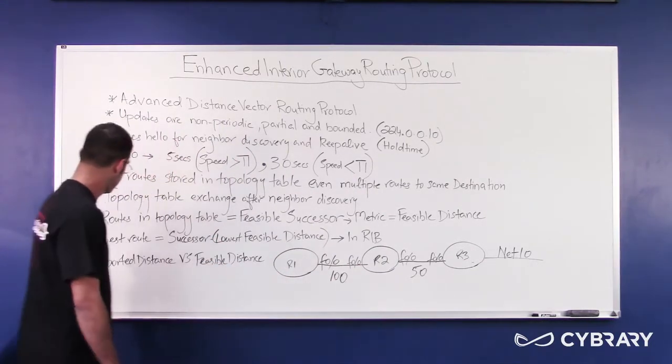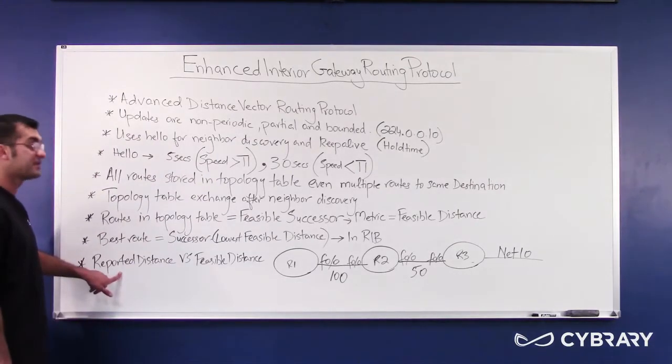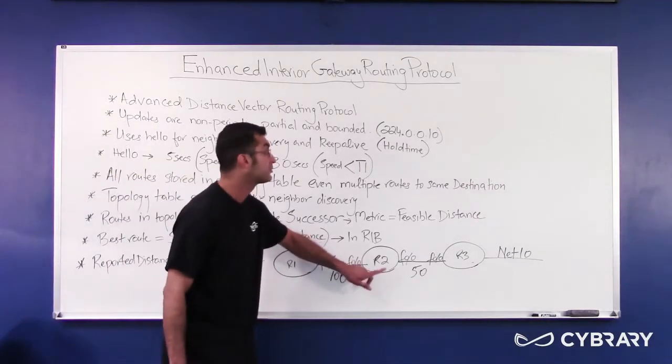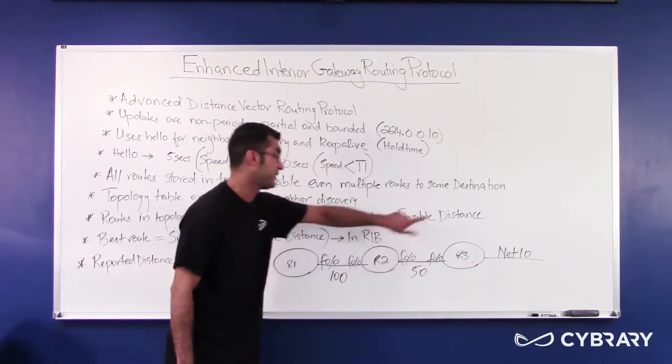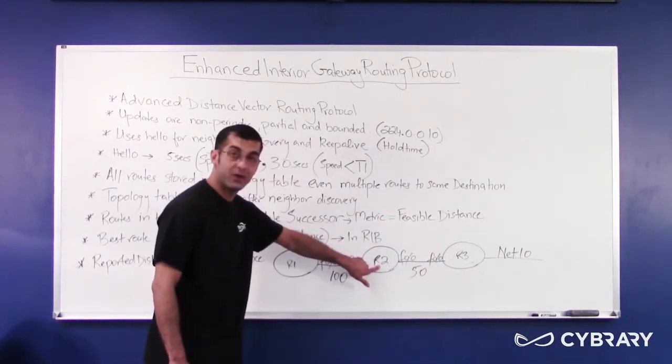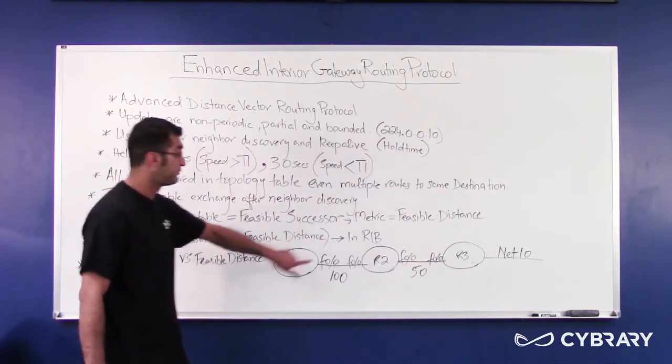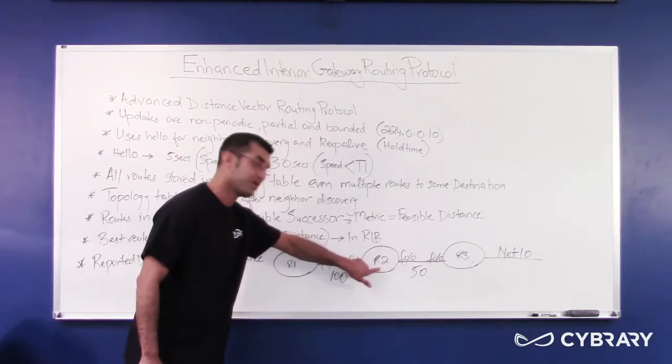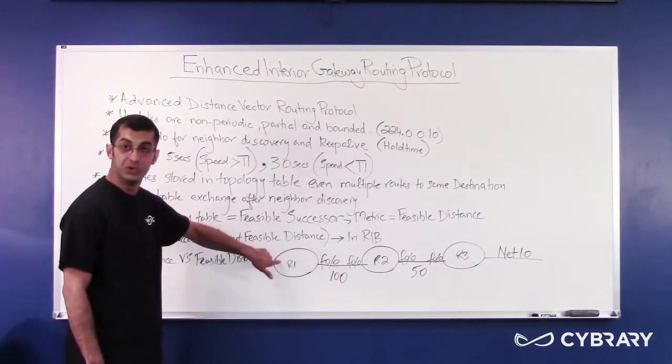So, once again, a reported distance is the distance that an upstream router, closer to the network we are trying to get to, reports to you. So, the feasible distance of the upstream router as reported to you.